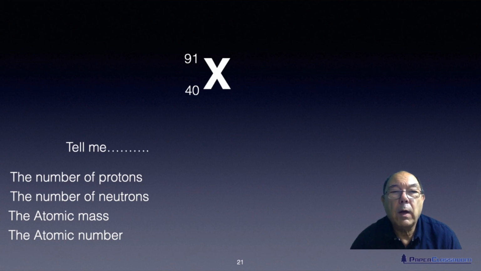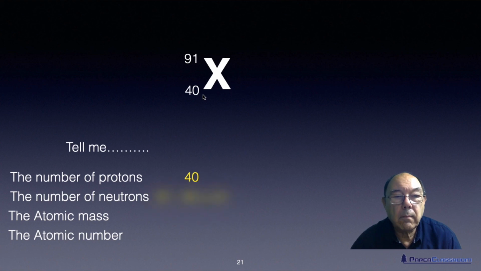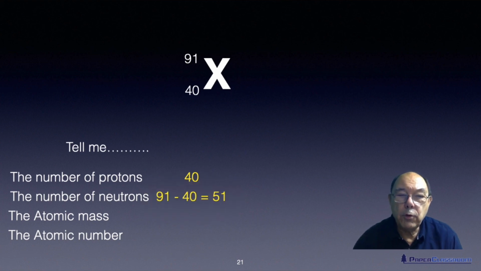5, 4, 3, 2, 1, here we go. The number of protons is 40. That's this here, the number of protons. The number of neutrons is the total mass minus the number of protons.